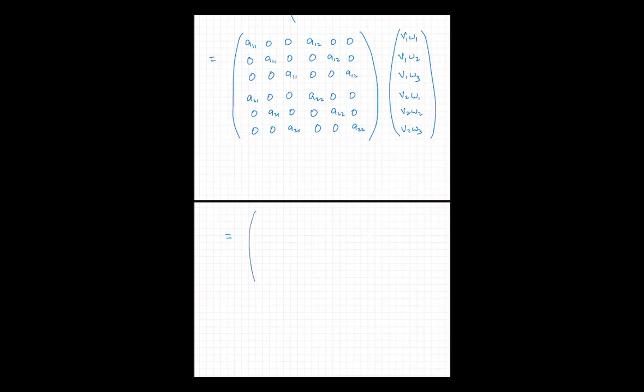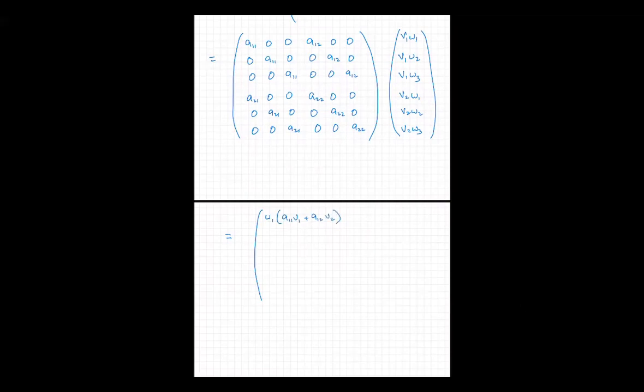So the first element of this column vector would be A11 V1W1 plus A12 V2W1. If you are a little careful, you can easily massage this into a form that you already recognize. I can take W1 common and write this as A11V1 plus A12V2.